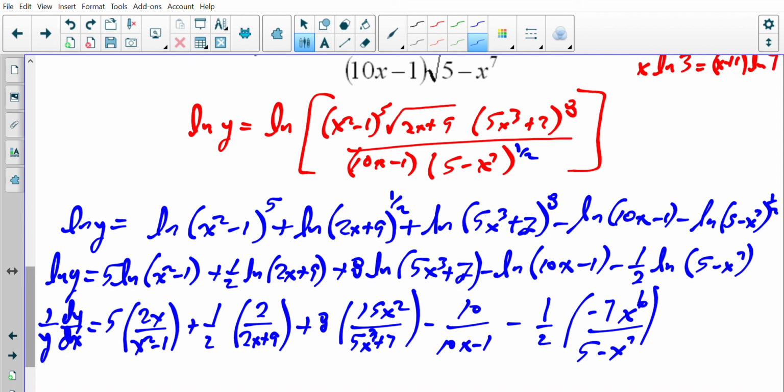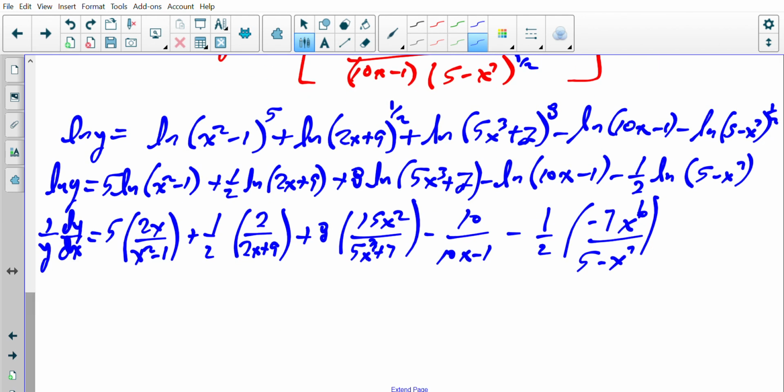So yeah, this did take up a fair bit of space, but this was so much easier because I did not get into those product rules and quotient rules and chain rules. It was simply du over u 5 times. Now, I'm not quite done yet. Again, this is more time-consuming than it is anything else.